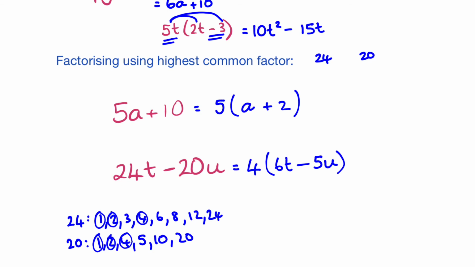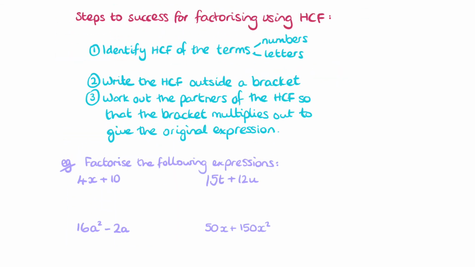Okay, so remember, when we're factorising, we need to first of all identify the highest common factor, and then we make the partners go in the brackets. So we're going to have a look at our steps to success for factorising, and you can keep coming back to this or you can write it down. So the first job when we're factorising using highest common factor is identify the highest common factor of the terms.